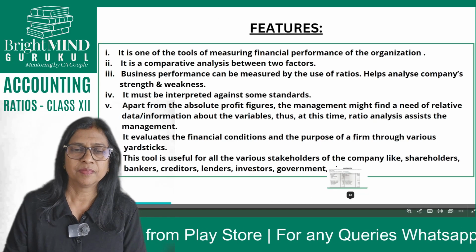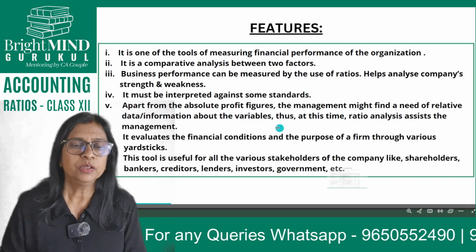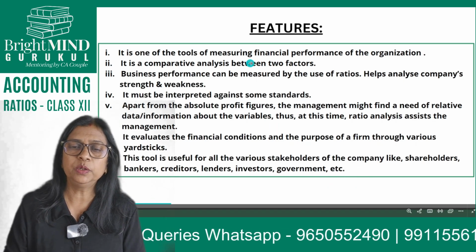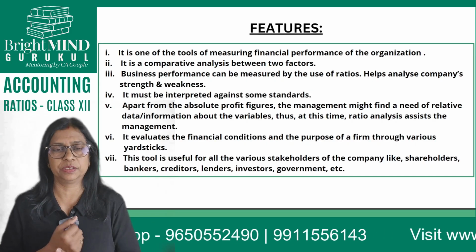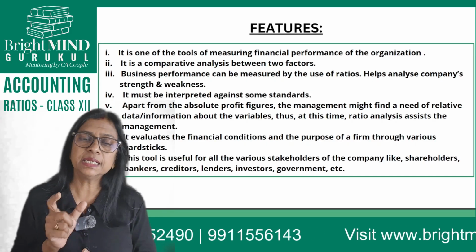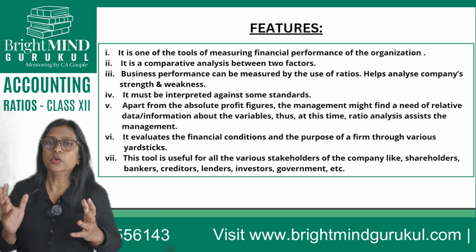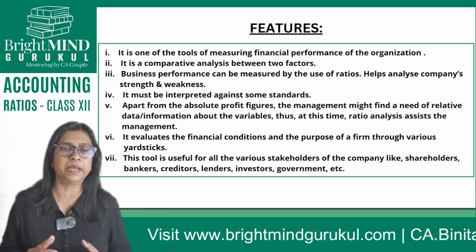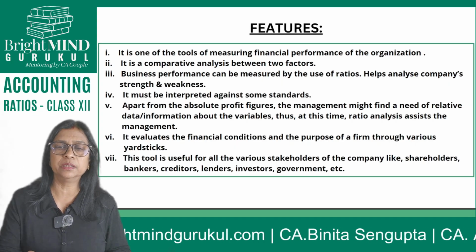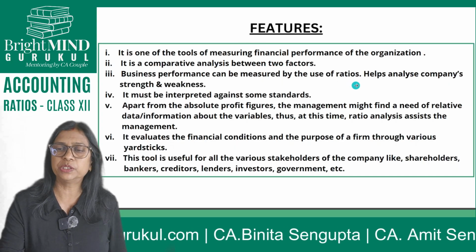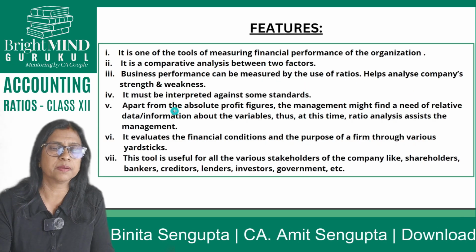Let us now understand the features. First one is, it is one of the tools of measuring the financial performance of the organization. Second, it is a comparative analysis between two factors. We are taking two factors, so this helps to make the comparison. Third, business performance can be measured by use of ratios, which helps analyze the company's strengths and weaknesses.